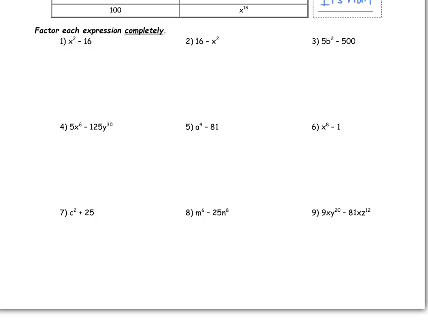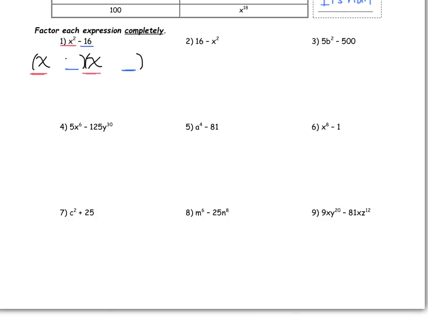So the way that we do DOTS, or difference of two perfect squares, is we set up two sets of parentheses. Now, what goes in this front spot of the parentheses is what multiplies to give you that first item here. So you would put x times x, because x times x gives me x squared. Now what goes here in the back part of the parentheses is what multiplies to give me 16.